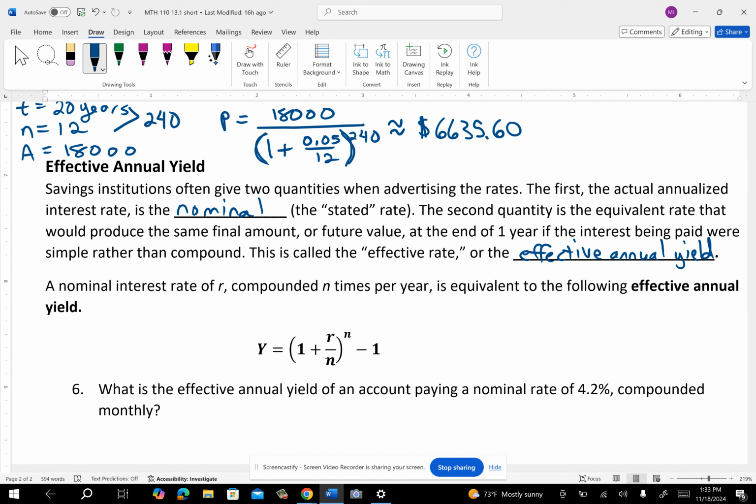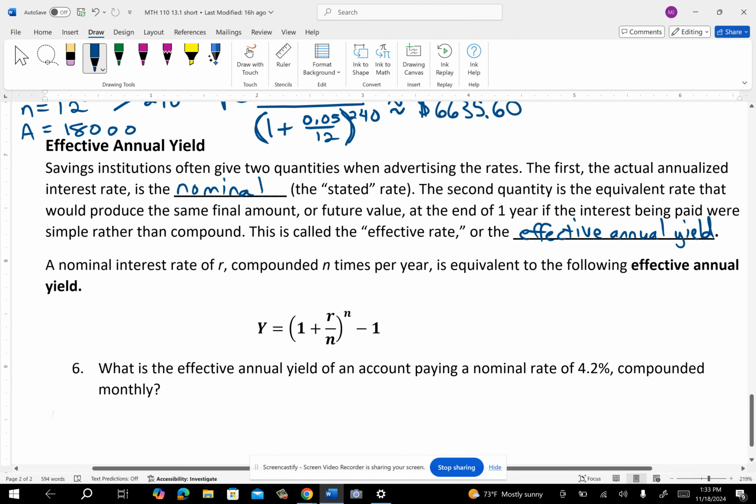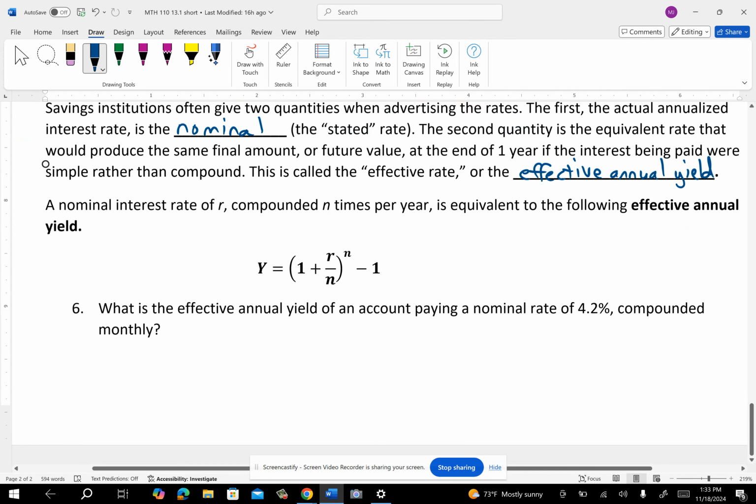So it turns your compound interest situation into an equivalent simple interest, and then once everything's been converted to simple interest, you can compare better and know which one really yields more interest at the end.